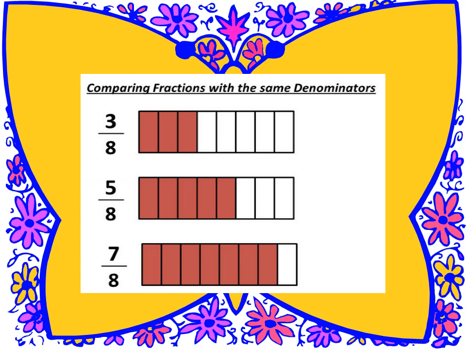Okay, we have here this example, 3 out of 8, 5 out of 8, 7 out of 8. The three fractions have the same denominator, so we only have to compare the top numbers 3, 5, 7. 7 is the greatest one, then 5, then 3.